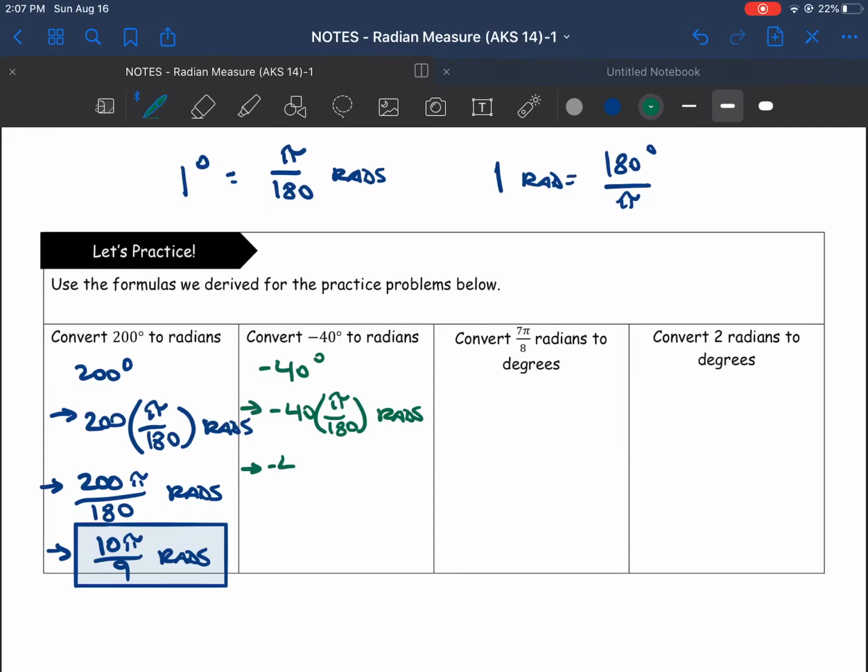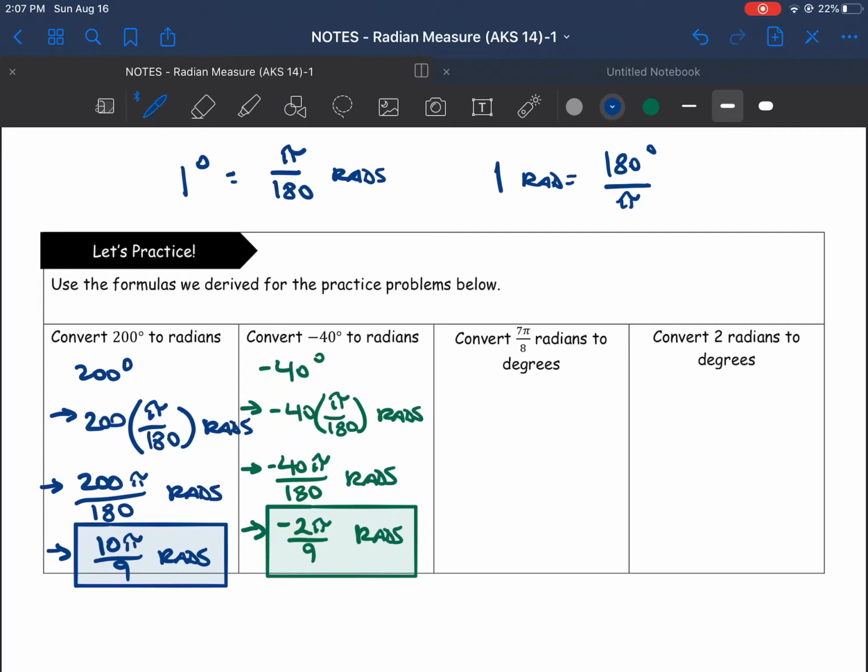This would give us negative 40 pi over 180 radians. And continuing to simplify, this would simplify to negative 2 pi over 9 radians. So we can see that negative 40 degrees would be the same as negative 2 pi over 9 radians.